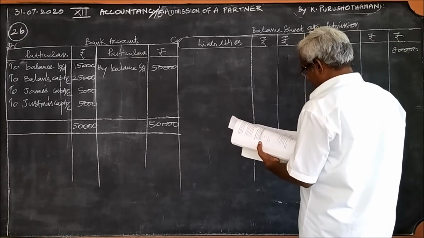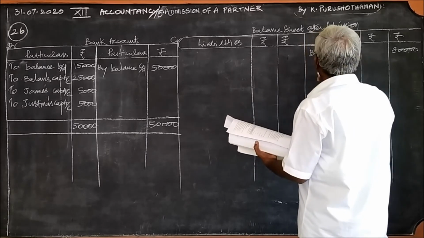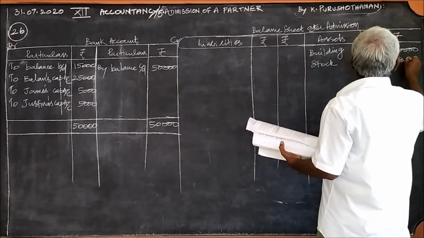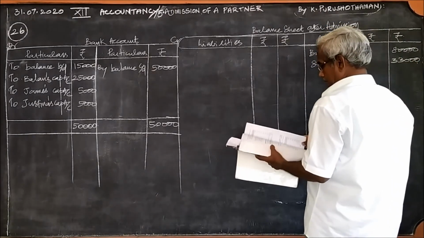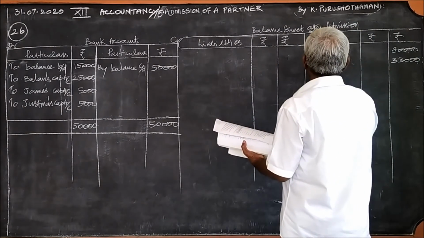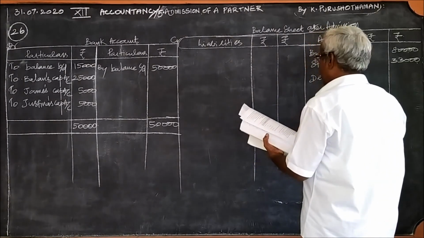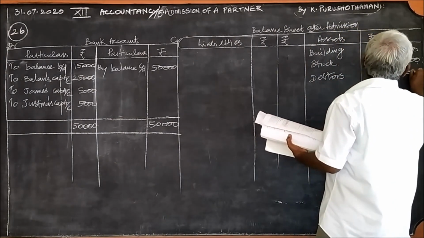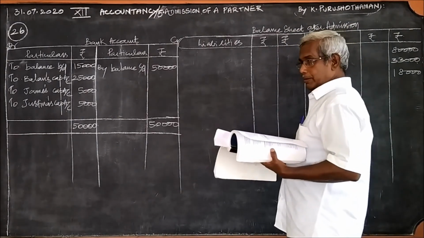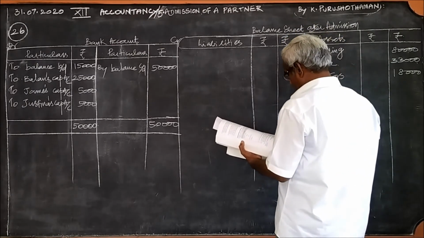And the next item is stock. Stock, already it was 30,000, now it is 33,000. That is the current value, so you write 33,000. The next item in the balance sheet is debtors. Debtors, already it was 20,000, now it is valued as 18,000. You write the current value of debtors, 18,000. Or else you can subtract 2,000 from 20,000, it is 18,000. The third one is bank.